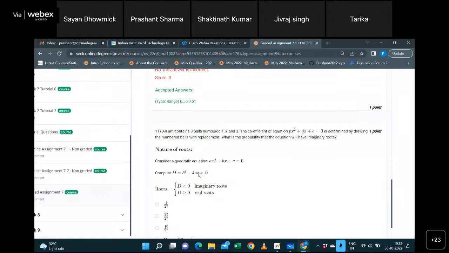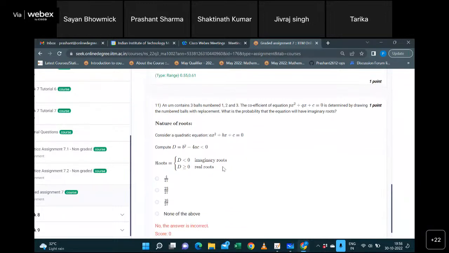For imaginary roots, suppose I have the equation ax square plus bx plus c equal to 0. The value of b square minus 4ac being less than 0 means I will get imaginary roots. If it's greater than or equal to 0, then I will get real roots. So far it's clear? Yes, sir.